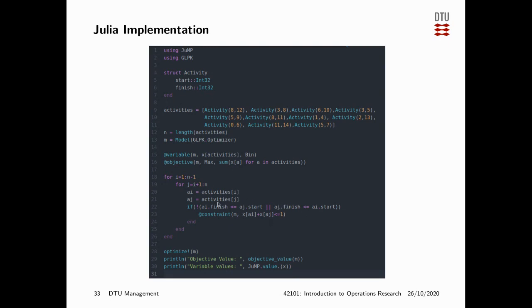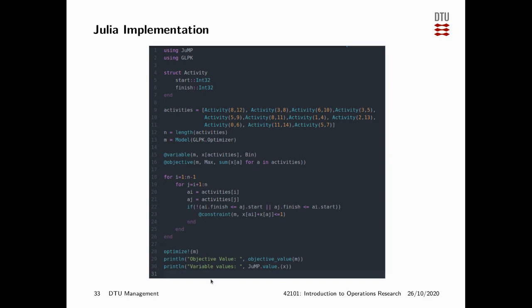Down here, I have a check to see if the two activities that I'm considering are in conflict. So I look to see whether or not the finish time of activity i is at latest the start time of j, or if the finish time of activity j is at latest the start time of activity i. Okay, and if it's not either of these cases, then they must be in conflict.